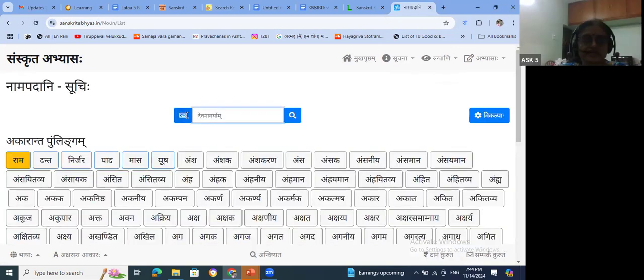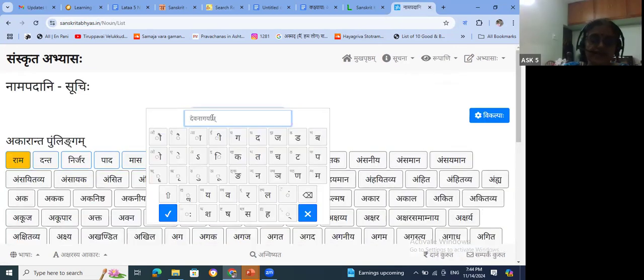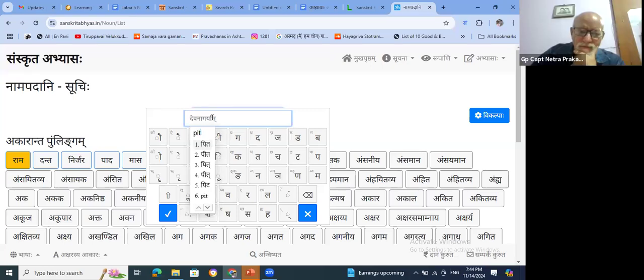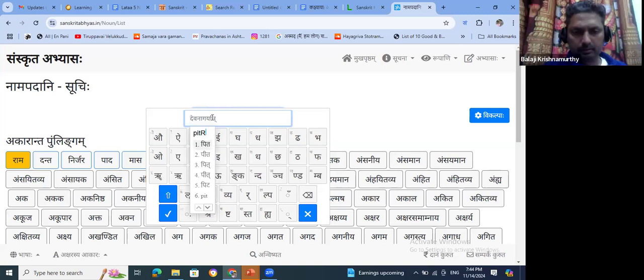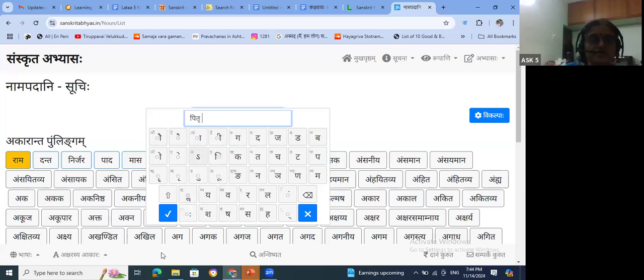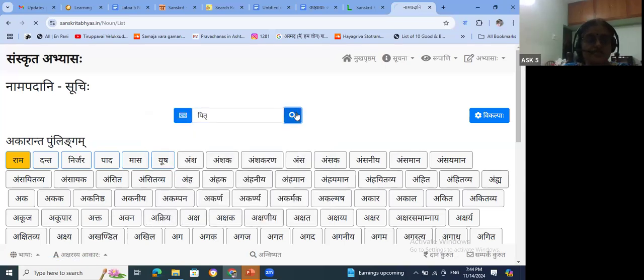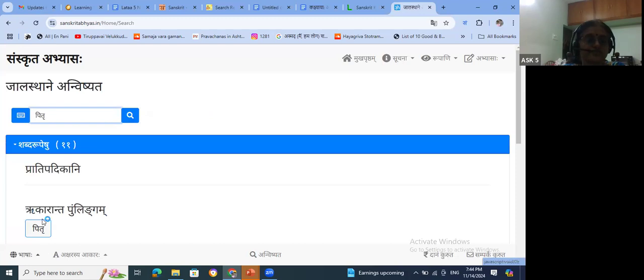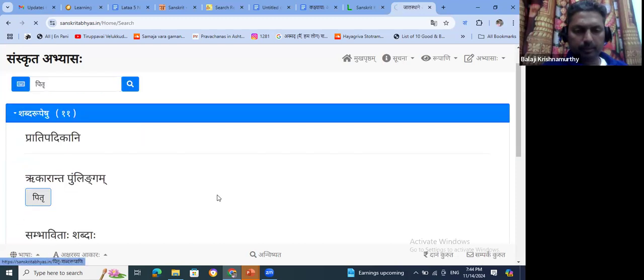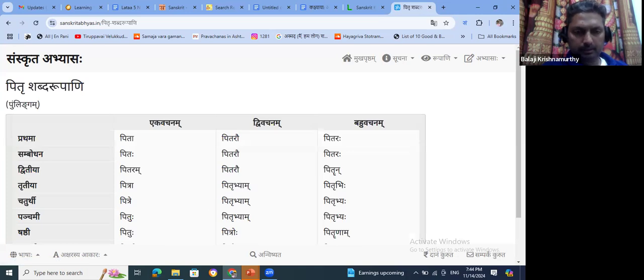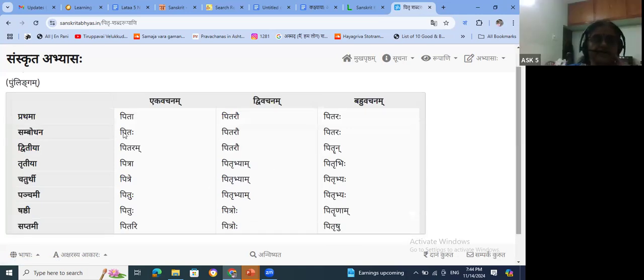Pitaha is the correct answer. So if I say Pitru, Pitaha, with capital R. Thank you so much. So it's a Rikaranta Pullinga Shabda. Pitaha, Mataha, Brataha.